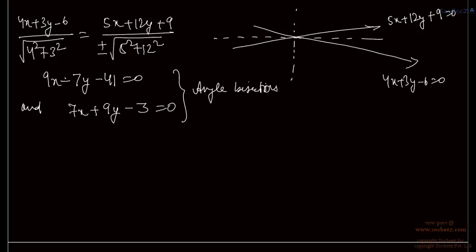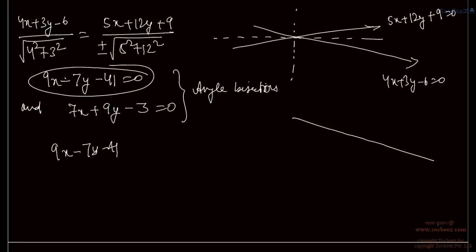So we have to check which one is the acute angle bisector and which one is the obtuse angle bisector. So let us take this line, 9x - 7y - 41 = 0, and this line, 4x + 3y - 6 = 0, and let us find the angle theta between them.